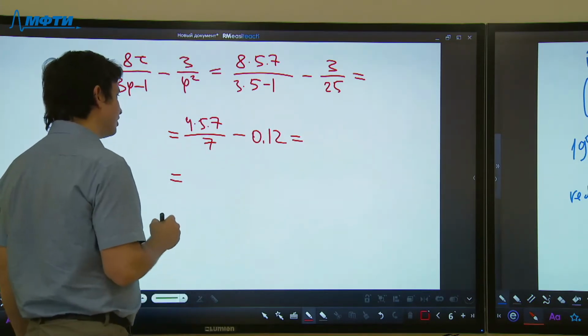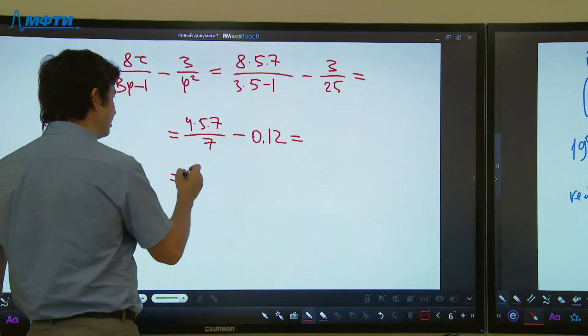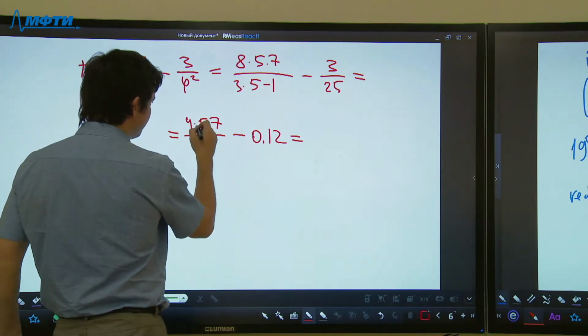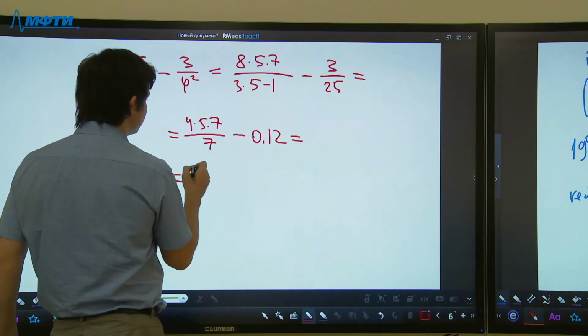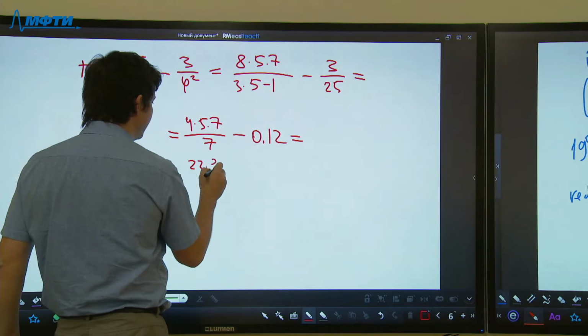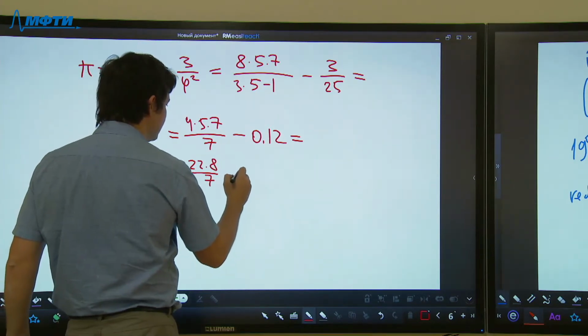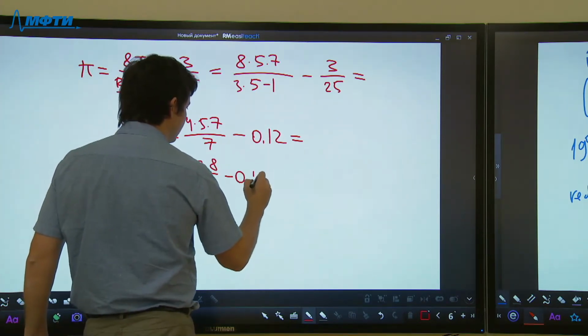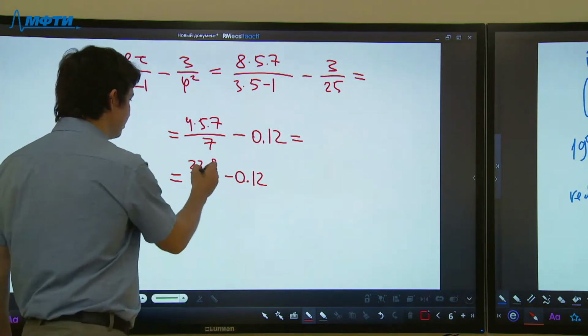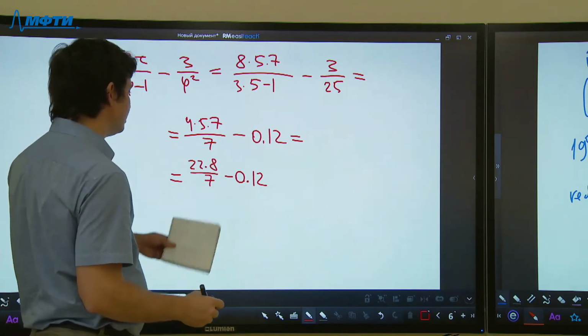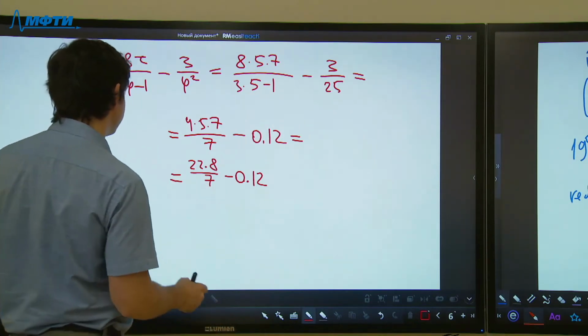Okay, so now we are closer to the answer. If I multiply 4 by 5.7, that would give me 20 plus 2.8, so 22.8 over 7 minus 0.12. Okay, so now we are getting close. I need to calculate 22.8 over 7.